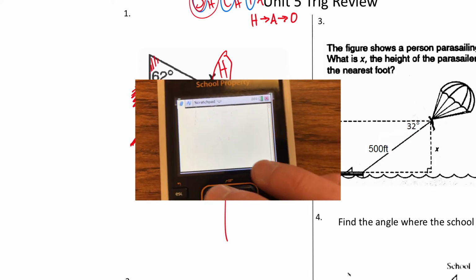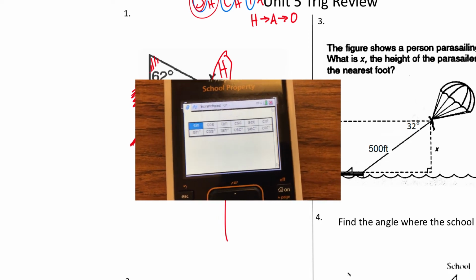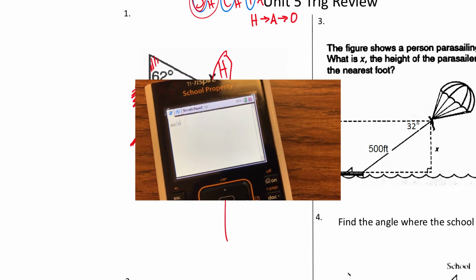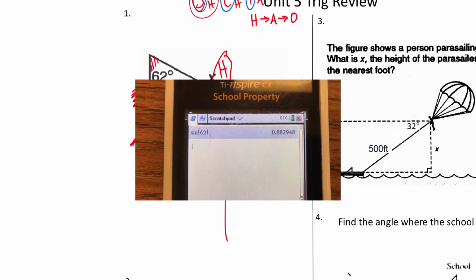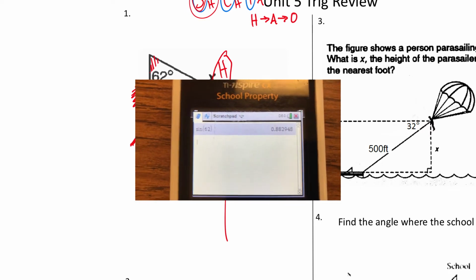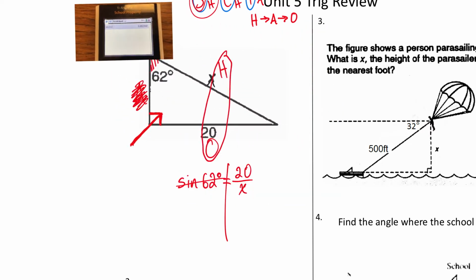Okay, on this we want the sine of 62, and we're going to say 0.88. Okay, now remember whenever the x is on the bottom, we're going to divide.